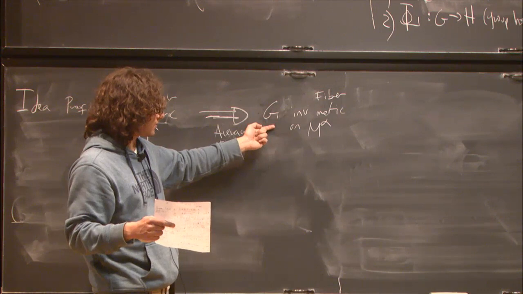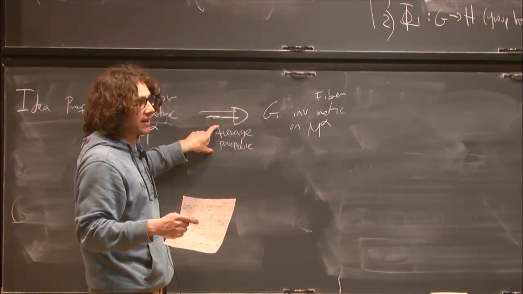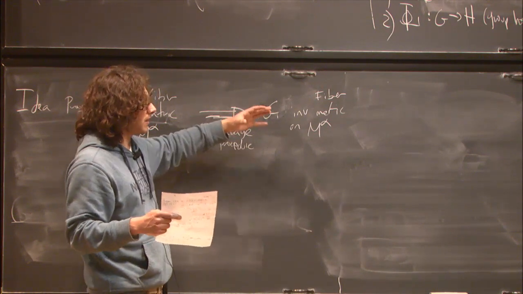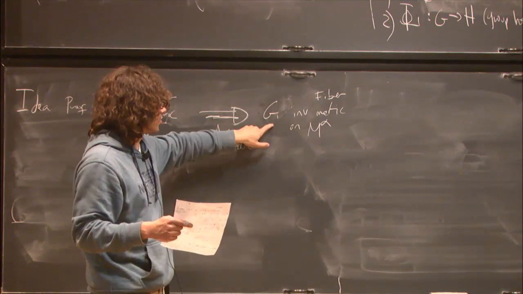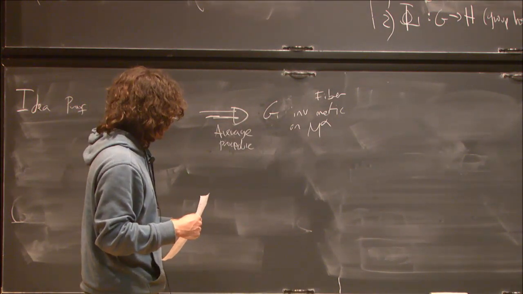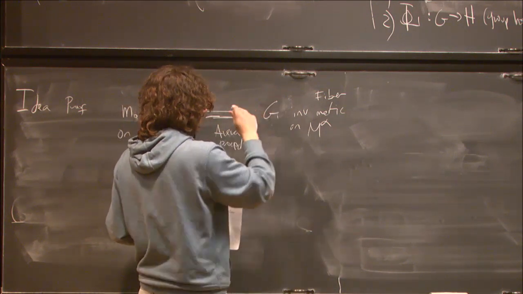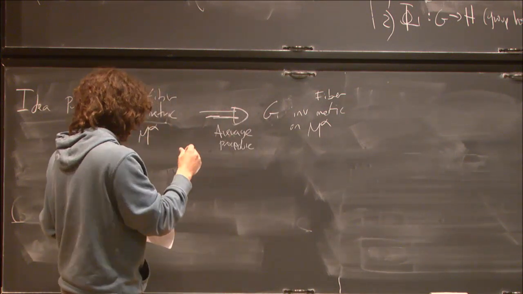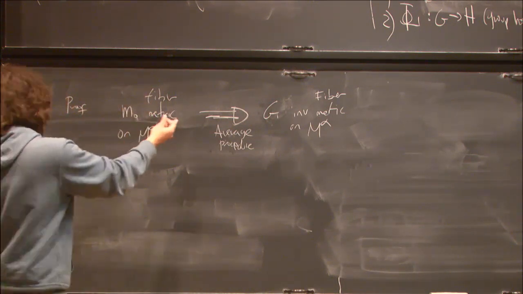So that's one thing that is going to give you the average procedure, but also you need some bound on the things that you're averaging. So what I'll try to say is exactly what conditions we need in the action.